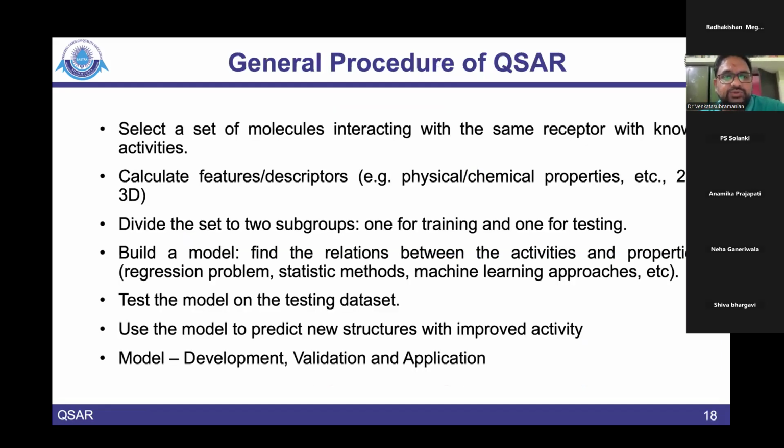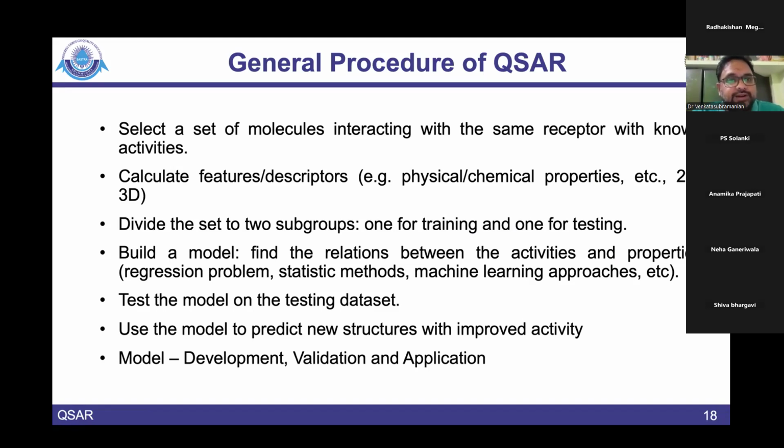Okay, so what is the general procedure for QSAR? So basically, this is generic. For QSAR, there are no standardized protocols that can be used.